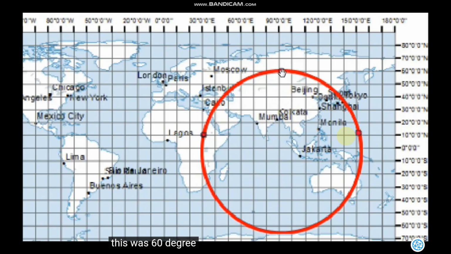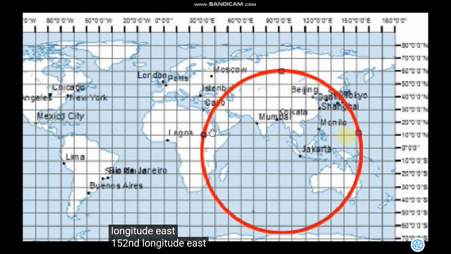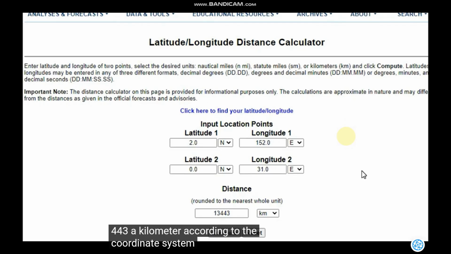This was 60 degrees north on the 92nd longitude east, on the 152nd longitude east, and the 31st longitude east. And this circle is about 13,000 kilometers, 30,443 kilometers according to the coordinate system.